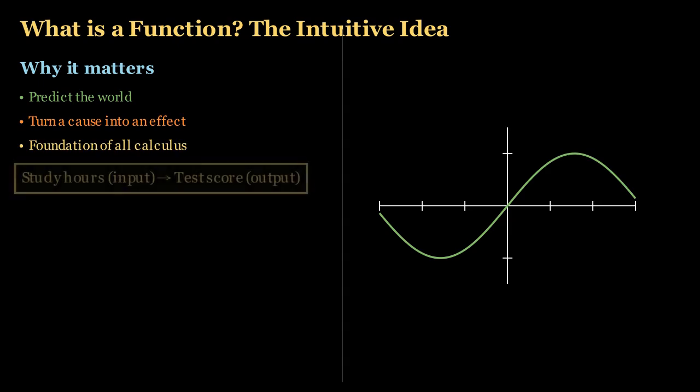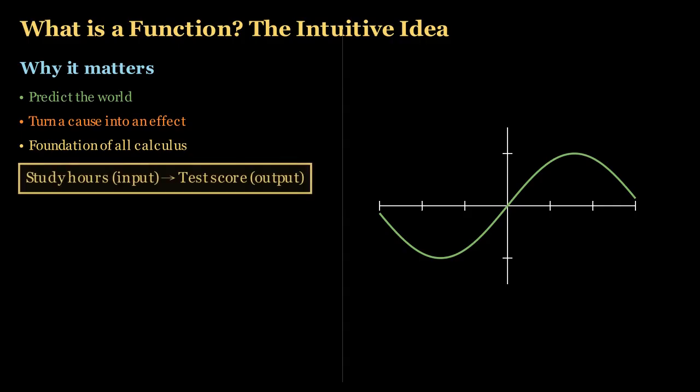If I know the function, I can tell you the output for any input. This is the absolute bedrock of calculus. In calculus, we don't just ask what is the output, we ask how fast is the output changing when I change the input. But you can't even ask that question until you first have a function.